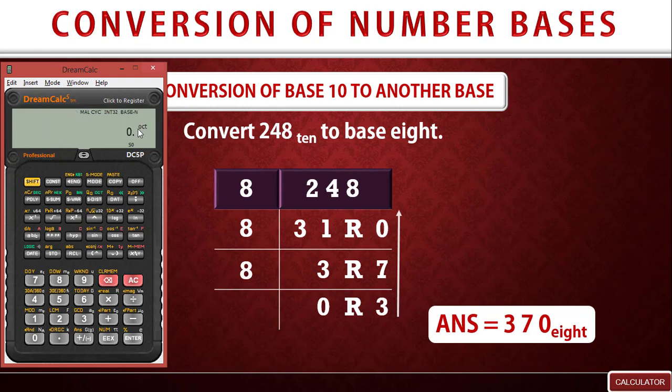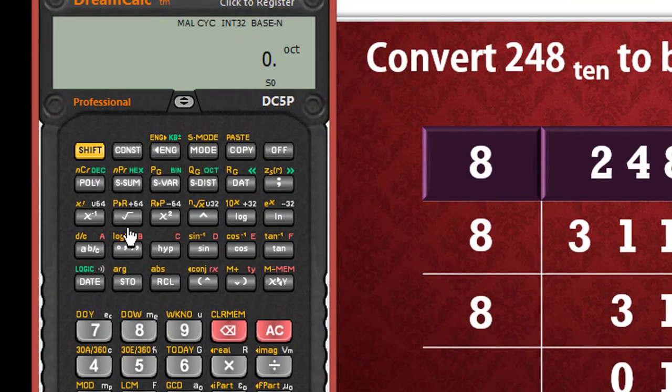The base showing right here is octal, that's base 8. Since we are dealing with base 10, we want to convert from base 10 to base 8, so let's put it on base 10 first. If I press dec, I'll put it on dec. And there is hex. If I press this one, I'll put it on hex. This is binary, and the oct.